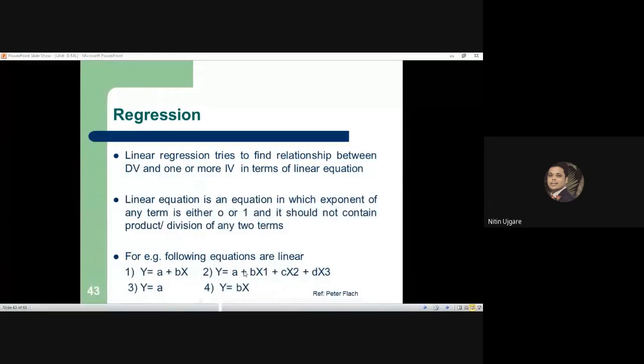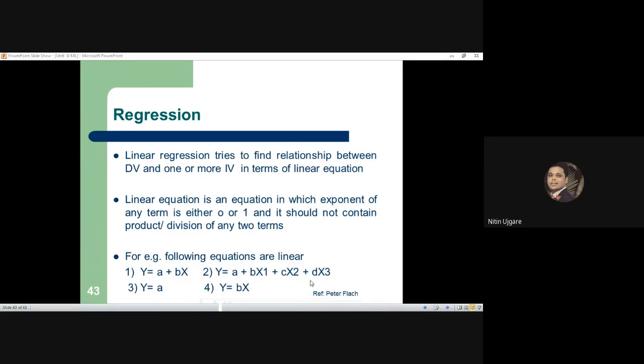These are some examples shown here. y = a + b*x, where all these terms have the exponent 1, and it does not contain any product or division of two terms. This is another linear equation: y = a + b*x1 + c*x2 + d*x3. You may say that b into x1, c into x2 and d into x3 is a kind of product, sir.